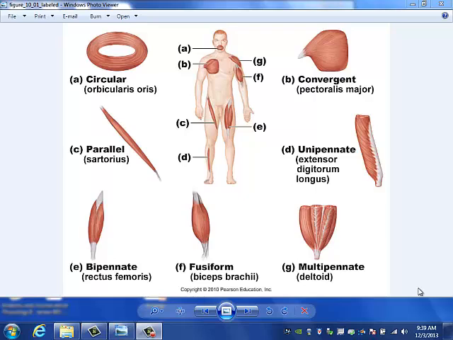Move or pull on. So biceps, we call them biceps because how many origins do the biceps have? Two. So they originate up in the shoulder region, and they insert down where the radius and ulna are, so that when I contract them, they create that action.